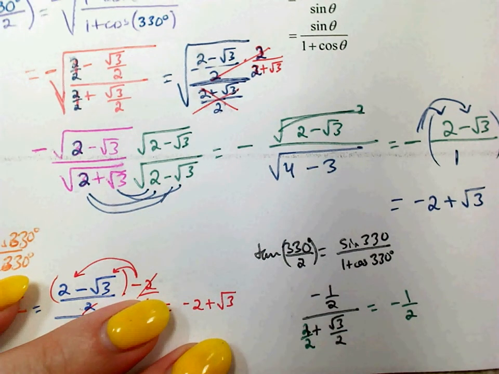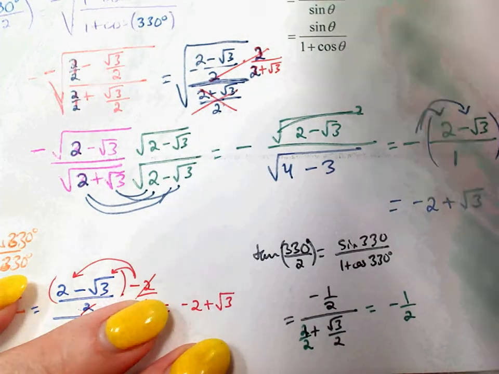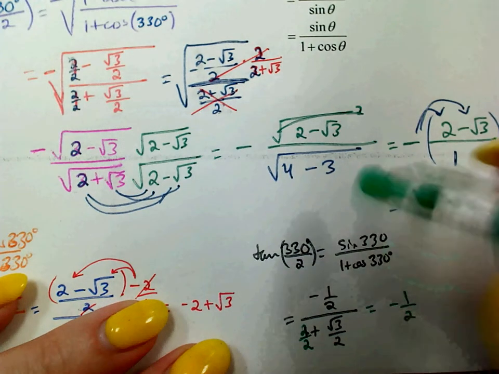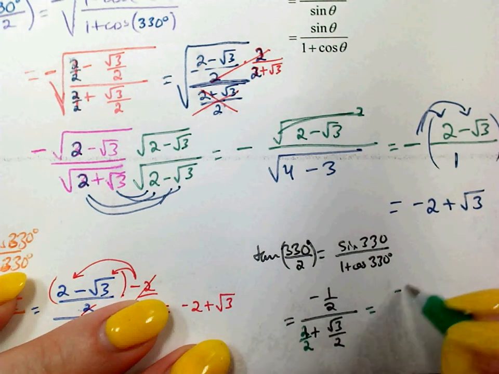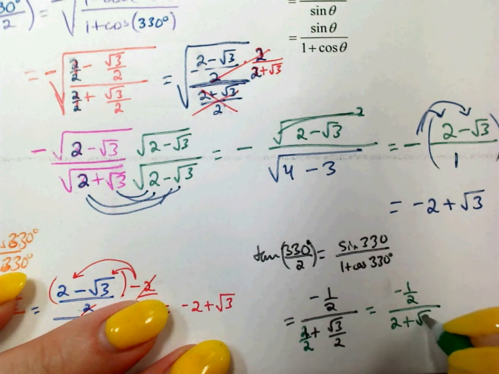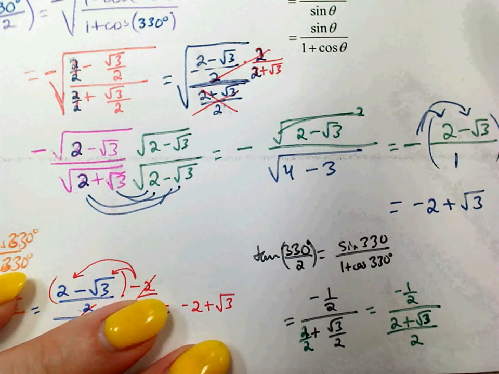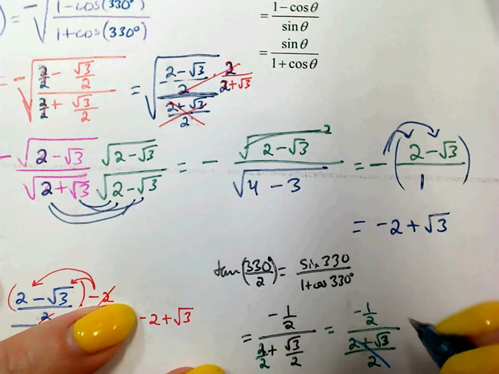Divide 1/2, Jennifer. Negative 1/2 divided by 2 plus the square root of 3 divided by 2. We're going to multiply by the reciprocal, so times 2 over 2 plus the square root of 3.